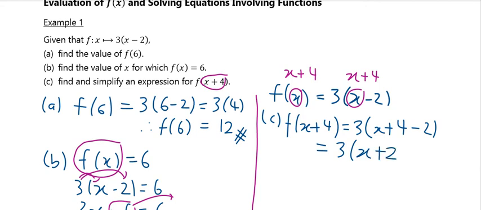So 3(x plus 4 minus 2) becomes 3(x plus 2), or you can expand it and say it is 3x plus 6. It doesn't matter which you choose, as long as you simplify the expression. That's for the first example.